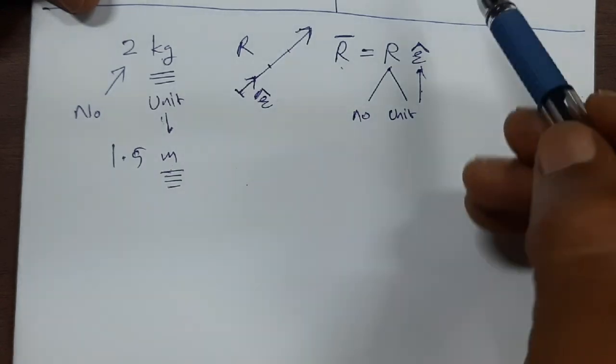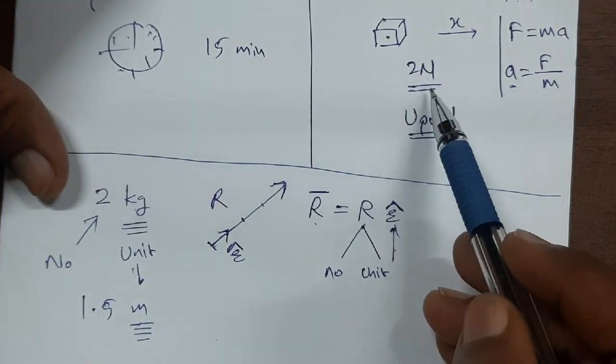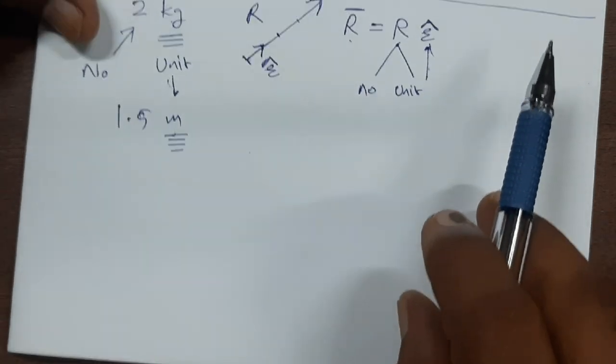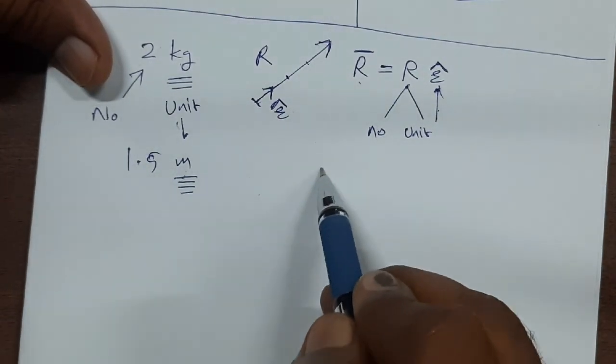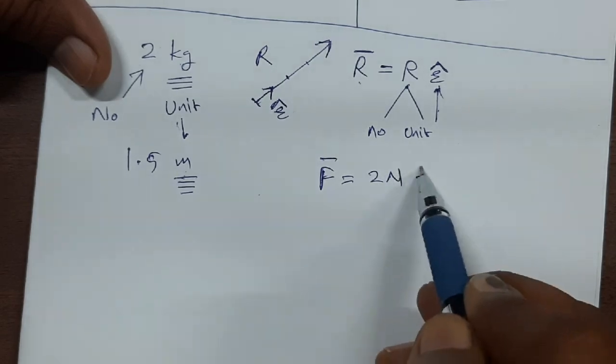For example, if I have to describe the force which we discussed in the previous example, it is 2 Newton along x-axis, then I will write F bar is equal to 2 Newton along x cap.